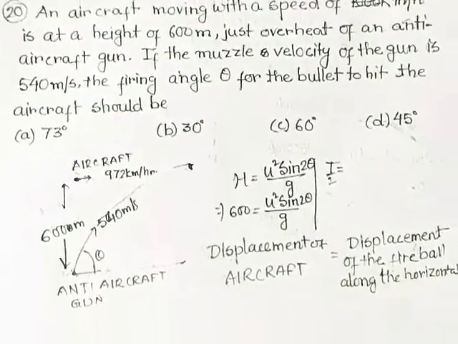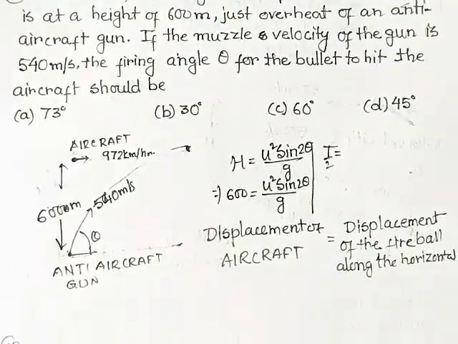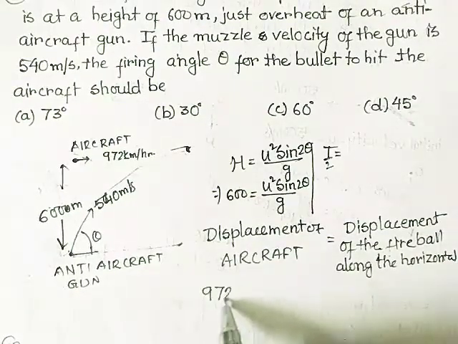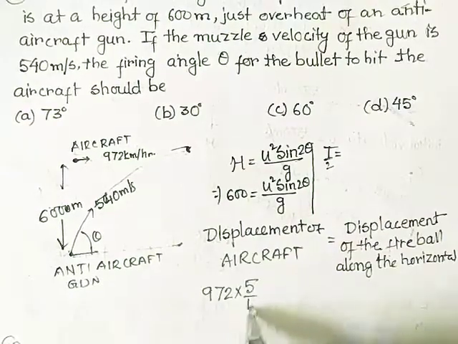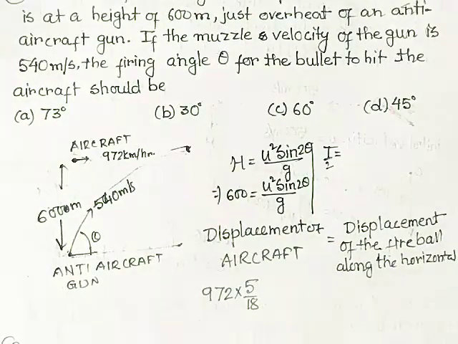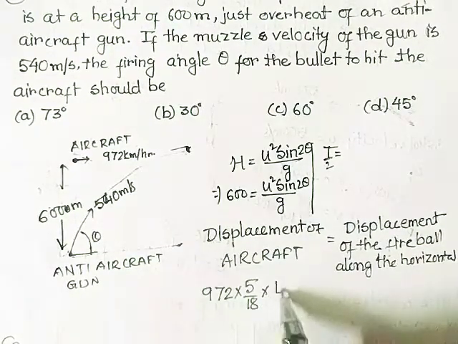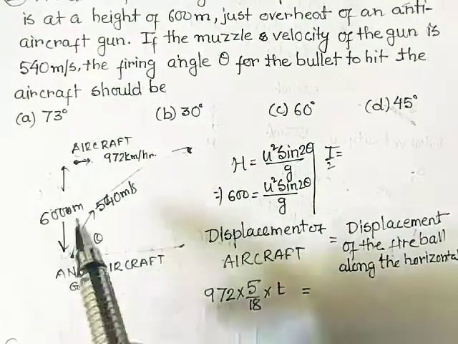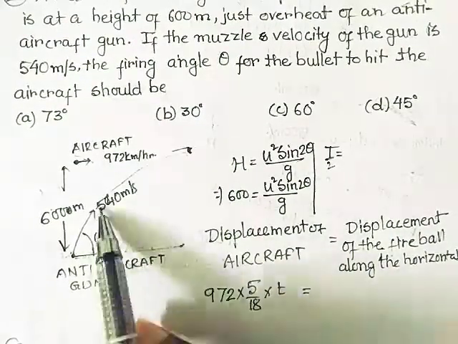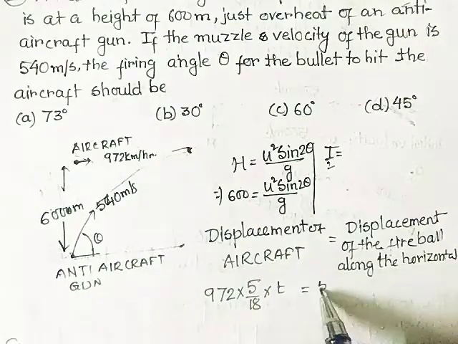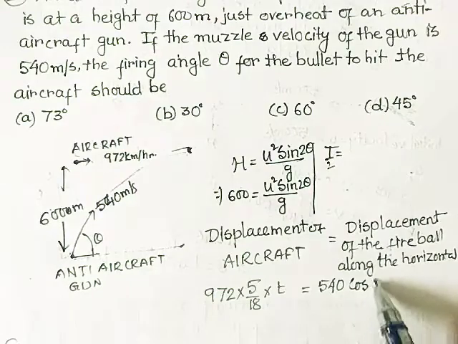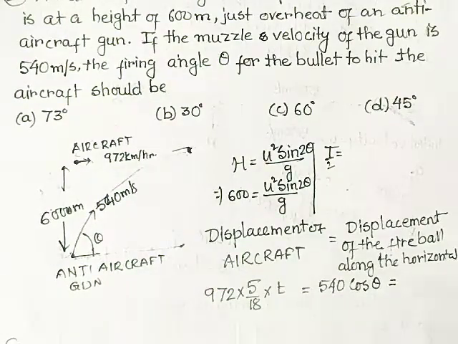Okay. So the displacement of the aircraft is 972 into 5 by 18, converting kilometers per hour into meters per second, and this is multiplied by the time t. And the horizontal component of the velocity is 540 cos theta into t.